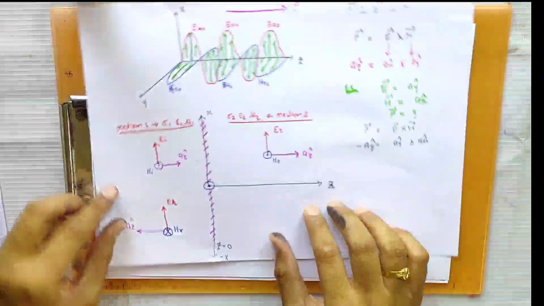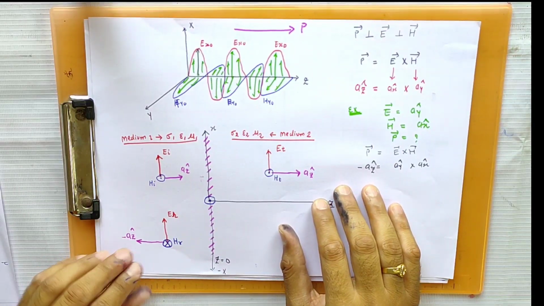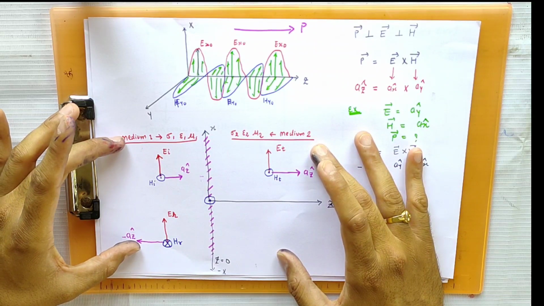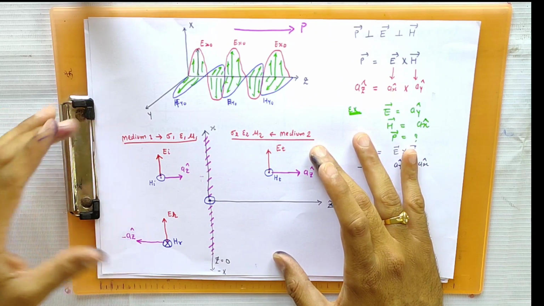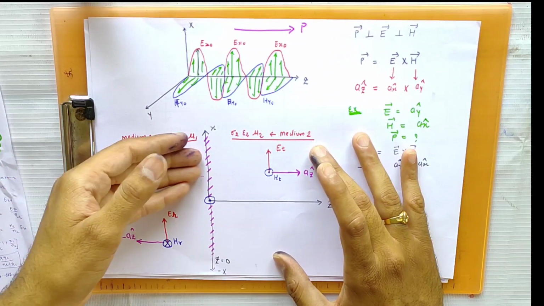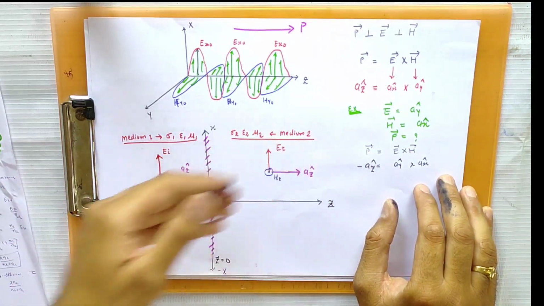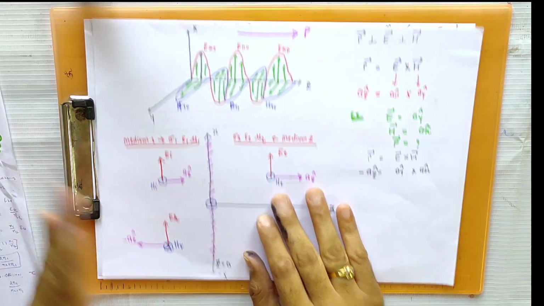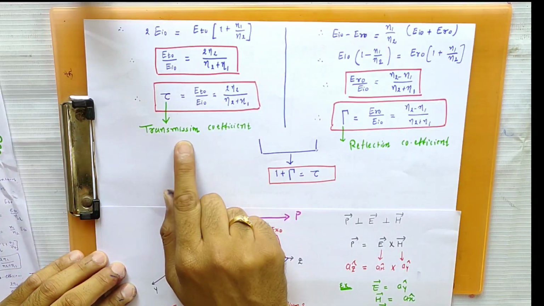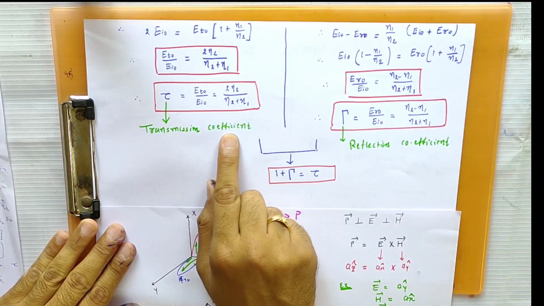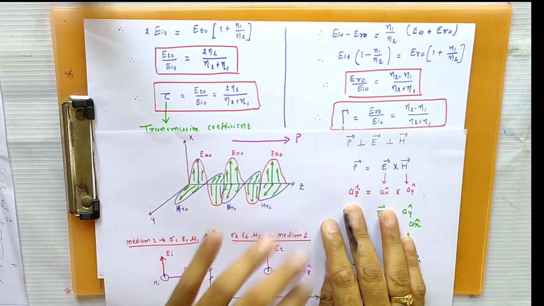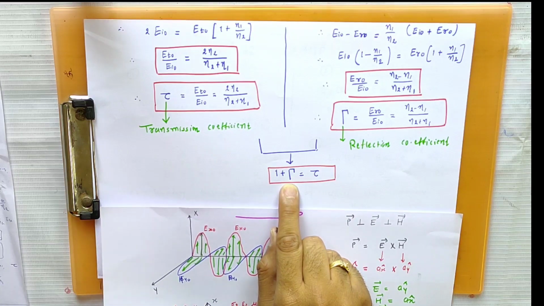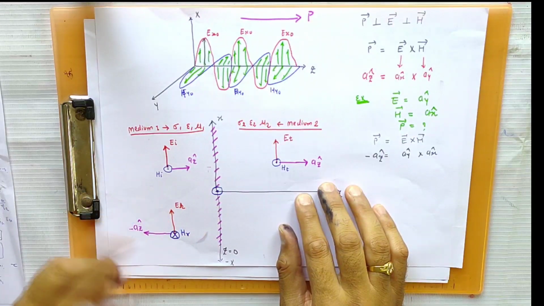In another case, suppose medium 1 and medium 2 are some materials, and all the incident wave is transmitted. There is no reflected wave. That means the transmission coefficient is 1, so small tau is equal to 1. In that case, capital tau is 0, so the reflection coefficient is 0.